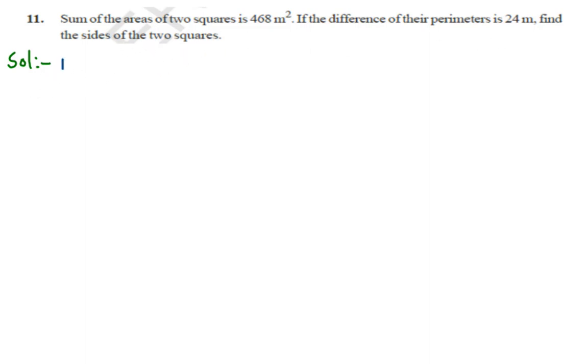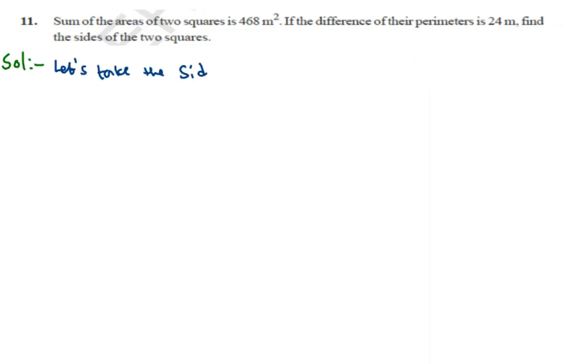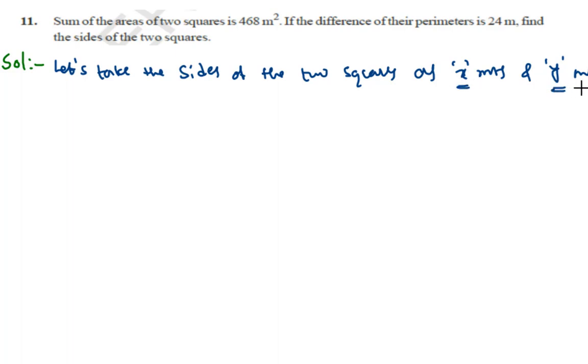So let's assume the sides of the two squares as x meters and y meters respectively. So x meter is the side of the first square and y meters is the side of the second square.